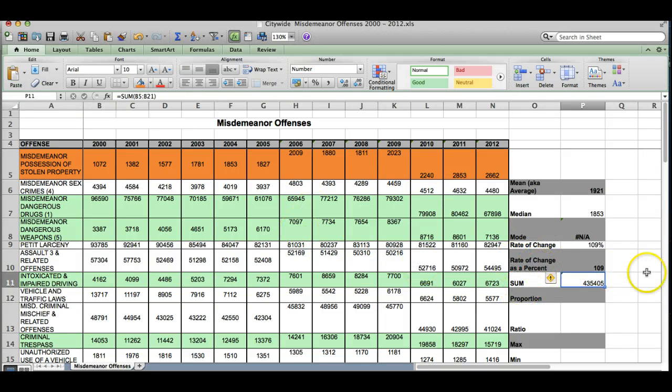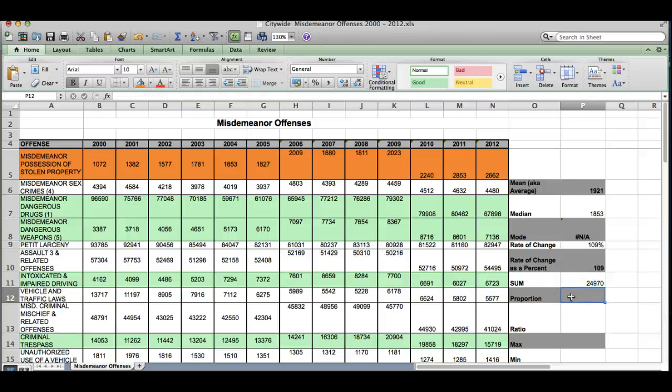You can also sum across, so if you're interested in saying how many total stolen property offenses were reported between 2000 and 2012, you can select those cells and you get a total of 24970. Why might you be interested in this sum?